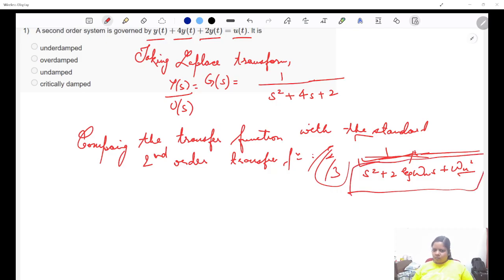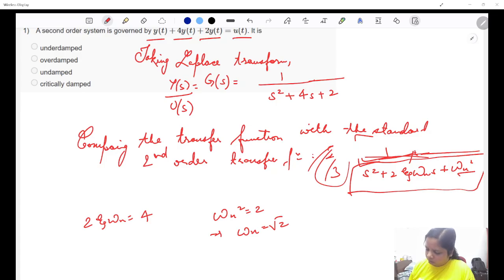Okay, so let's check. 2 zeta omega n is equal to 4, right? And omega n square is equal to 2. From here you can write omega n is equal to root 2. Now let's find out what zeta is. So 2 into zeta into root 2 is equal to 4.